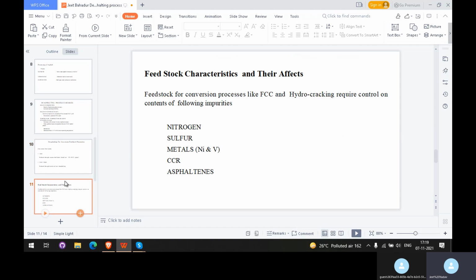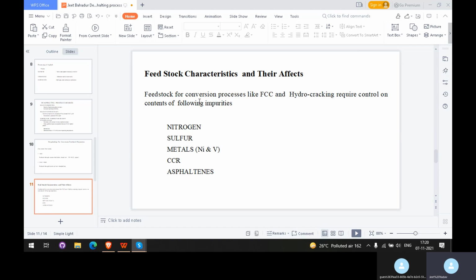Further, we have feedstock characteristics and their effect. The feedstock for conversion like FCC or hydrocracking requires control on the contents of the following impurities. Whenever we are doing a conversion process like catalytic cracking or hydrocracking, we have to take care of impurities which will not be involved in the cracking part, because if they get involved, it will definitely decrease the worth of our oil.